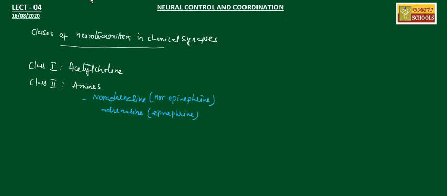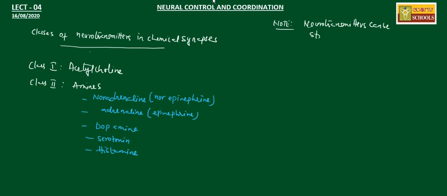Under these amines we also have dopamine, then serotonin, then histamine. These are some examples of these amines. These neurotransmitters can be stimulatory or inhibitory.